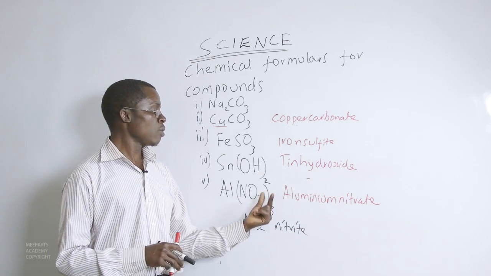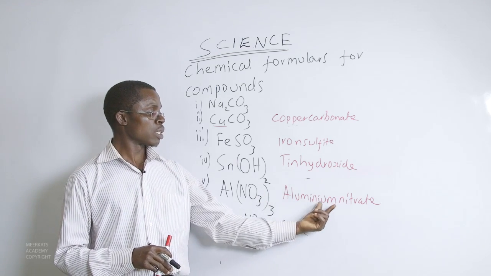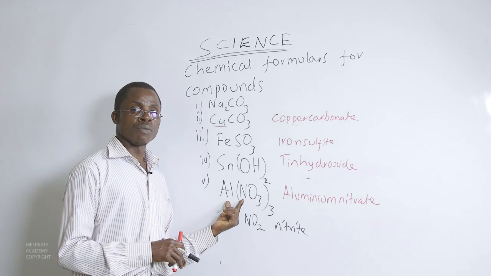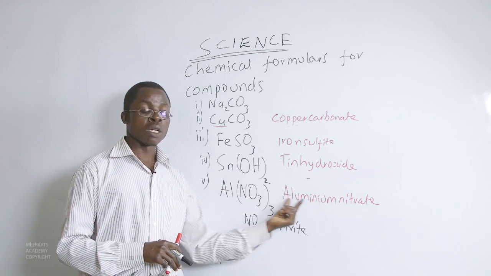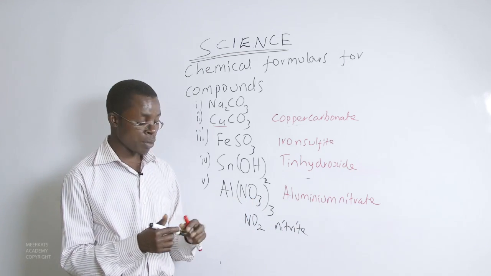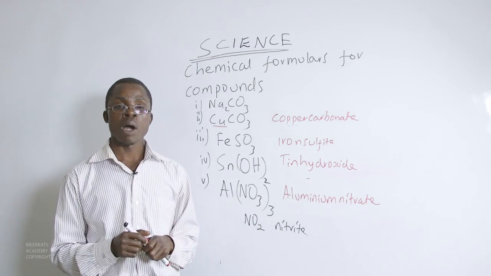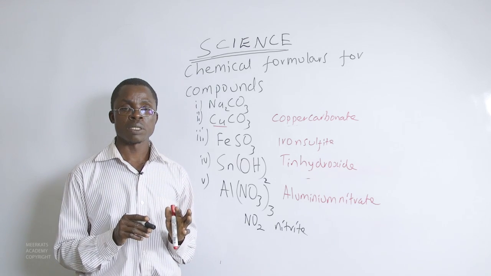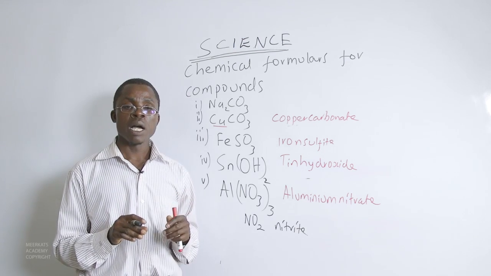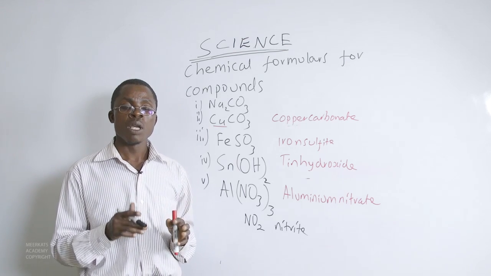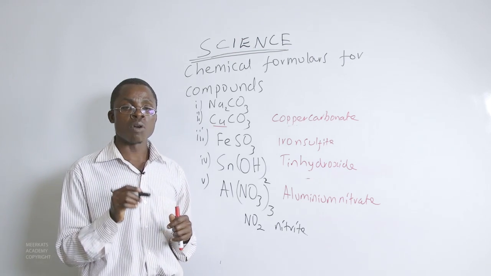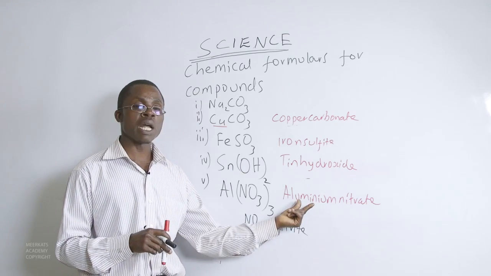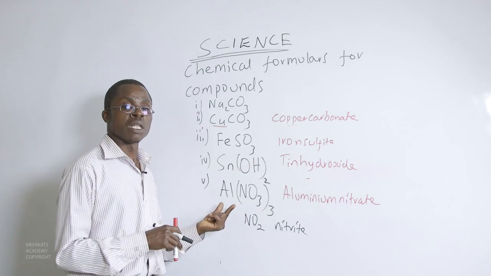So whenever you are doing the reverse, using the name to get the formula, you have always to remember the combining powers. Very important. Combining powers. They are the ones that will help you get the correct chemical formula if you have been given a name and you want to get the formula.